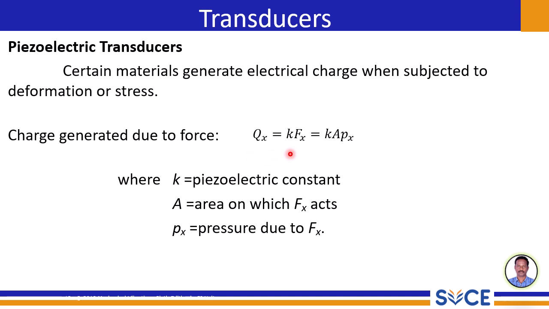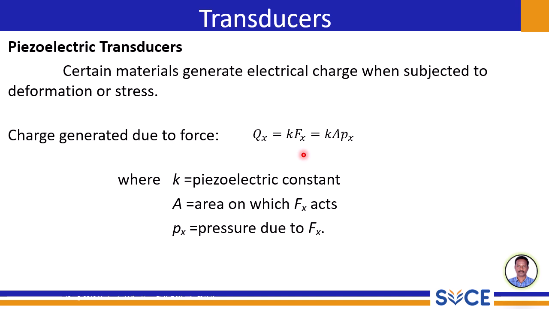K is the piezoelectric constant of the material. This constant is a material property that defines the amount of charge generated per unit of applied force or pressure. Different piezoelectric materials have different piezoelectric constants, which dictate their sensitivity.